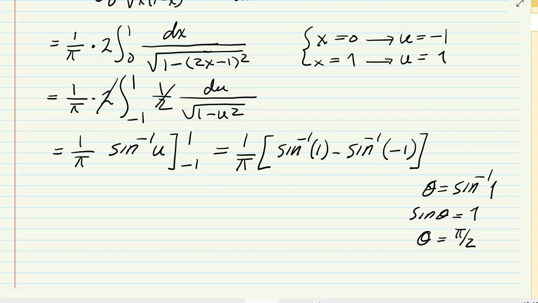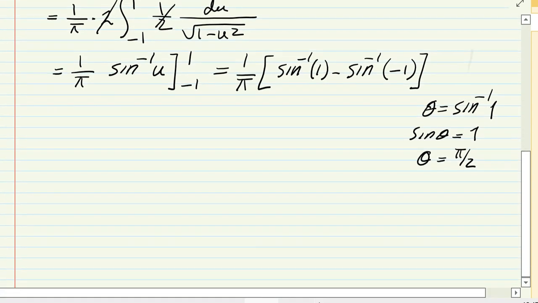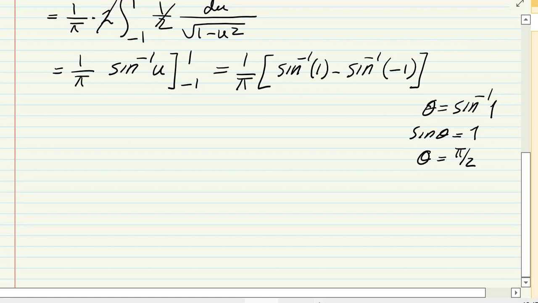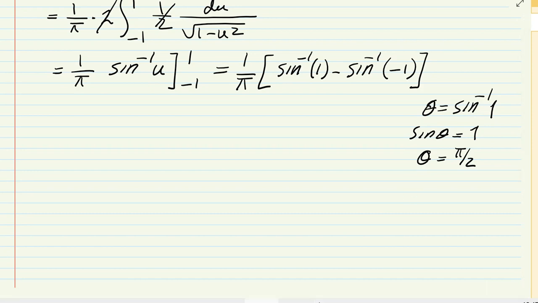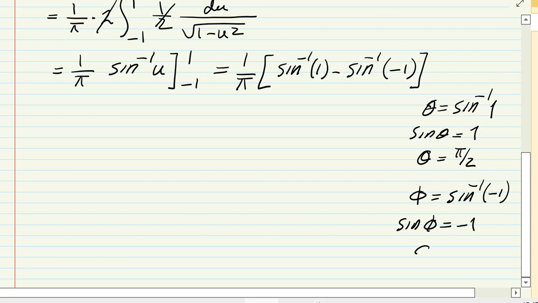And then for the lower limit of integration, let phi be arcsine of negative 1. So that means sine of phi is equal to negative 1, and therefore phi is negative pi over 2.